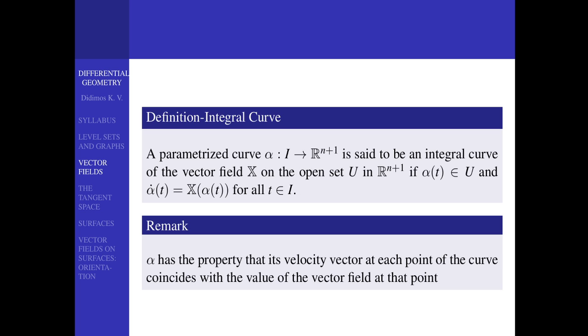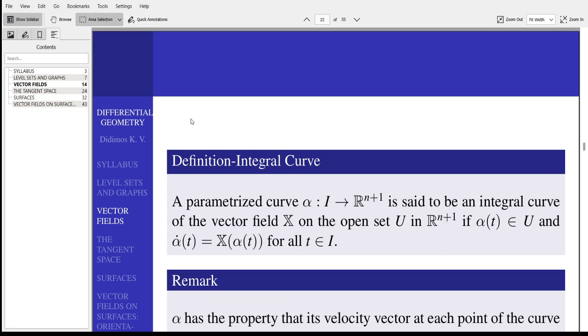A parameterized curve alpha from I to R^(n+1) is said to be an integral curve of the vector field X on the open set U in R^(n+1) if alpha of t belongs to U and alpha dot of t equals X of alpha of t for all t belonging to I. That is, if we consider a parameterized curve from I to R^(n+1), this is said to be an integral curve of this vector field X.